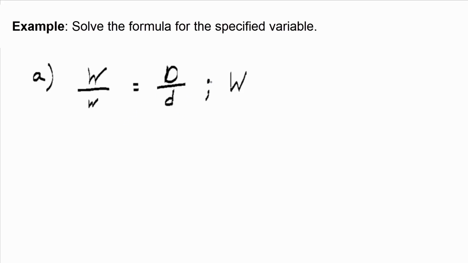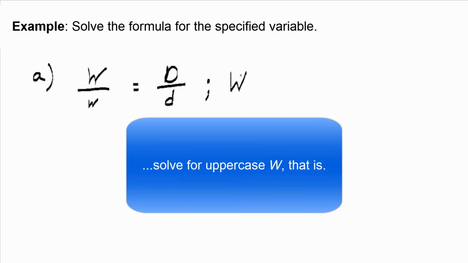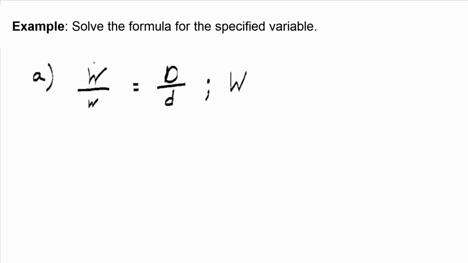After the semicolon comes the W, so you're being told to solve for uppercase W here. How do we get uppercase W by itself? What are we doing to it on the left side? We are dividing uppercase W by lowercase w.